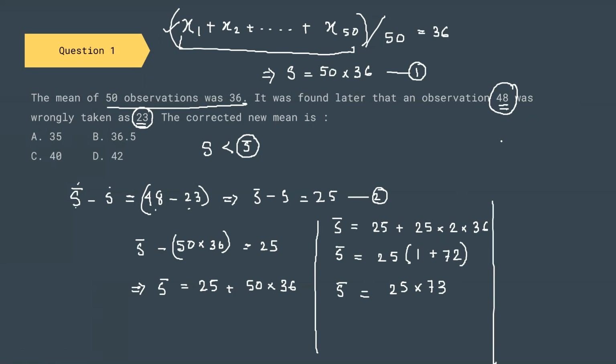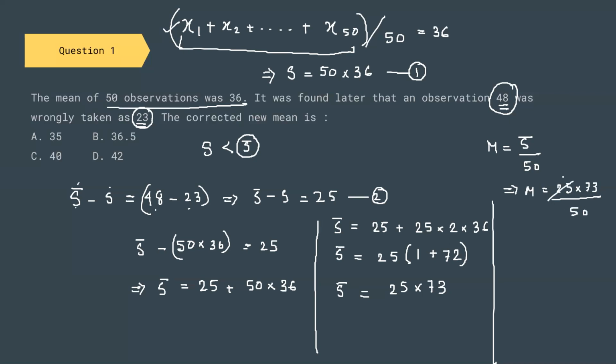So the new average or the new mean will be S dash divided by 50. The value for S dash is 25 into 73 divided by 50.